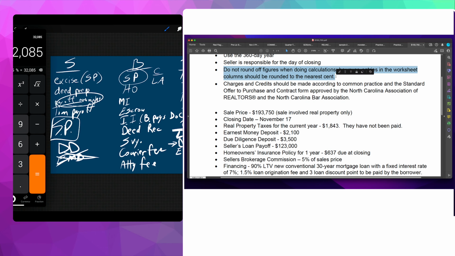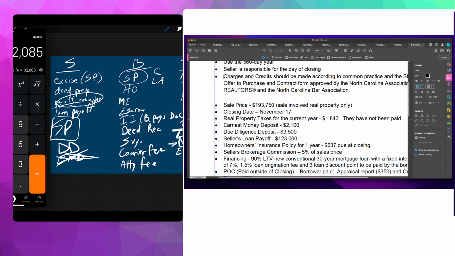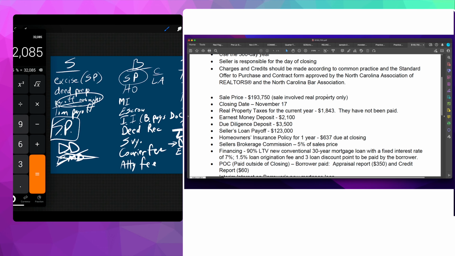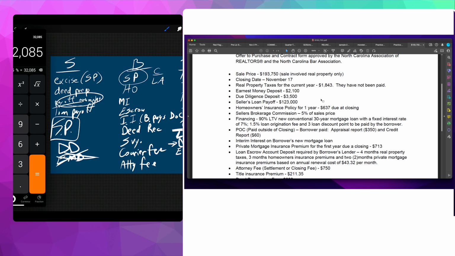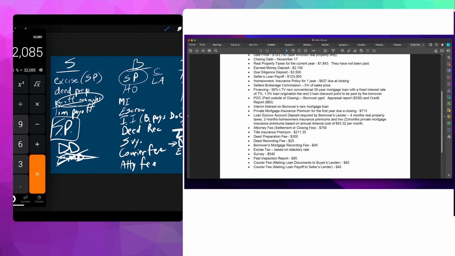In fact, I'll just take that one out. Round to the nearest cent, but this is an example taken from a post class. And then common practices. What do you know about who typically pays what? Work with that information.